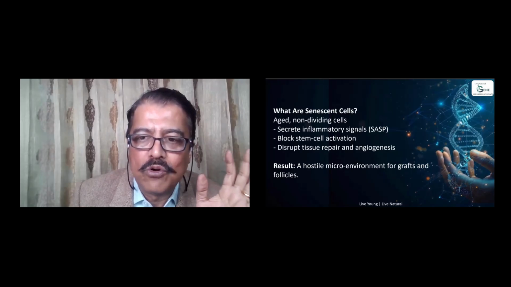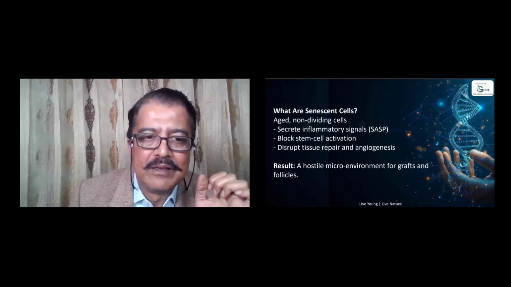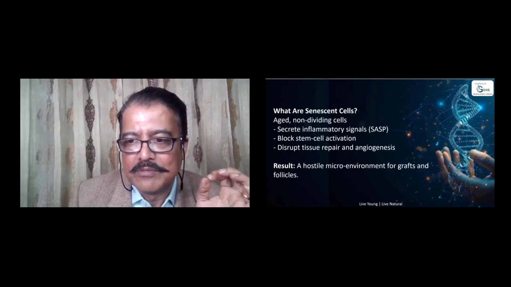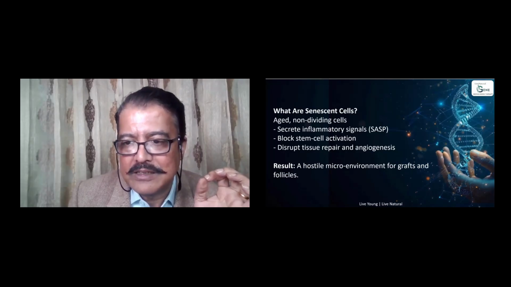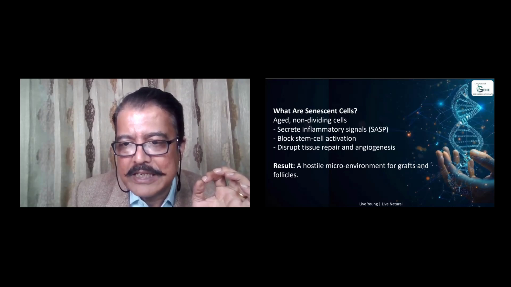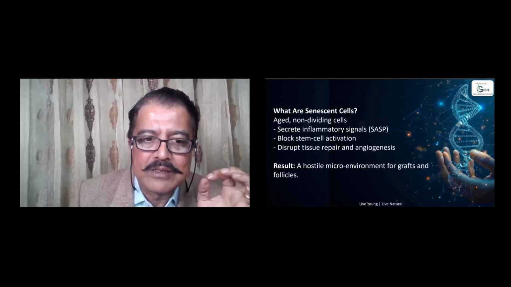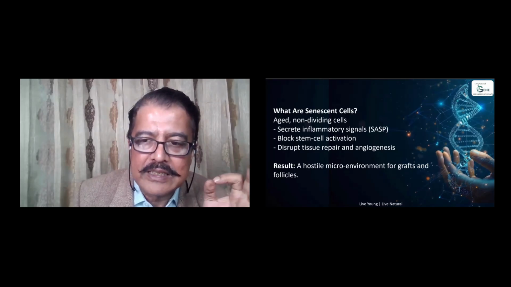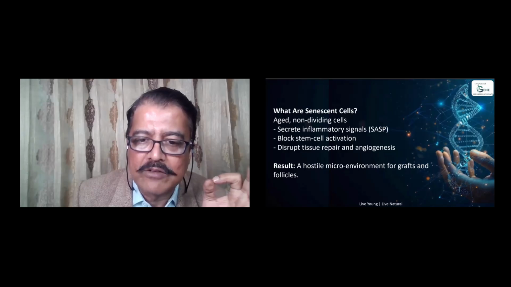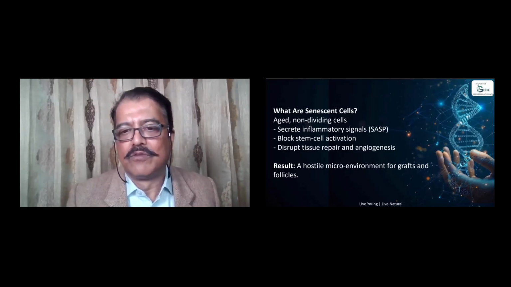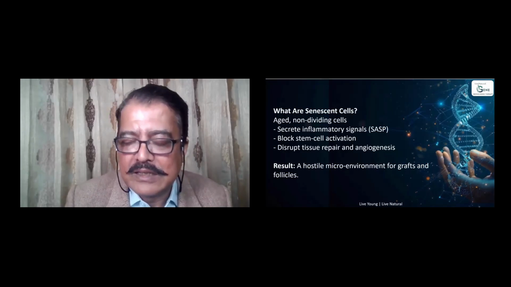It makes the tissue old and they disrupt tissue repair also. And angiogenesis. Not only does the tissue become old, it loses the capacity to repair itself. Why? Because these senescent cells create a hostile microenvironment for grafts as well as the follicles.